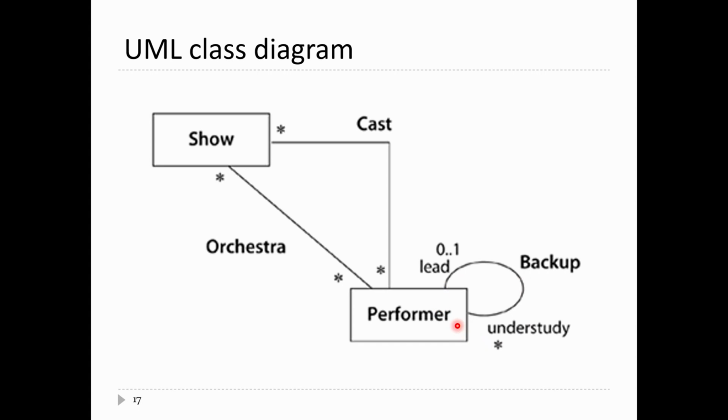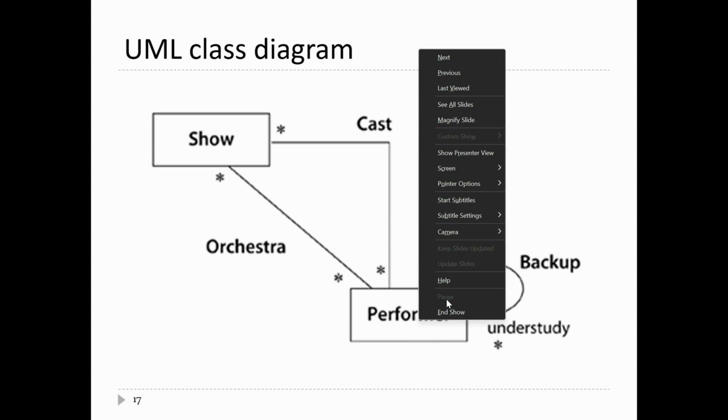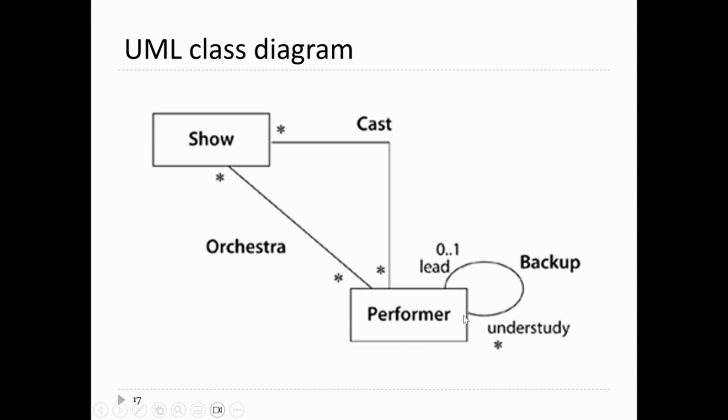One actor can have 0 or more understudies underneath them. One actor can be in the lead role of 0 or 1 roles. So you can be the lead actor for 0 or 1 roles.